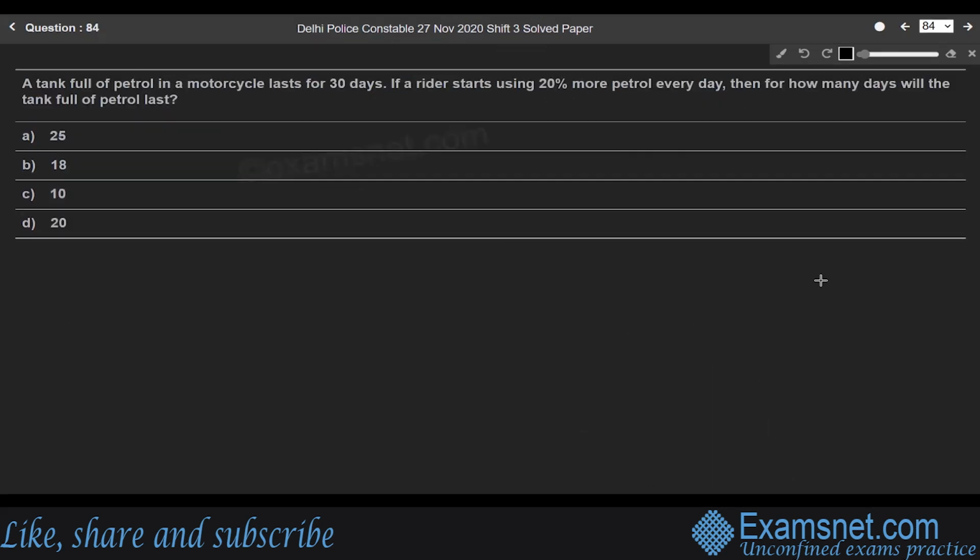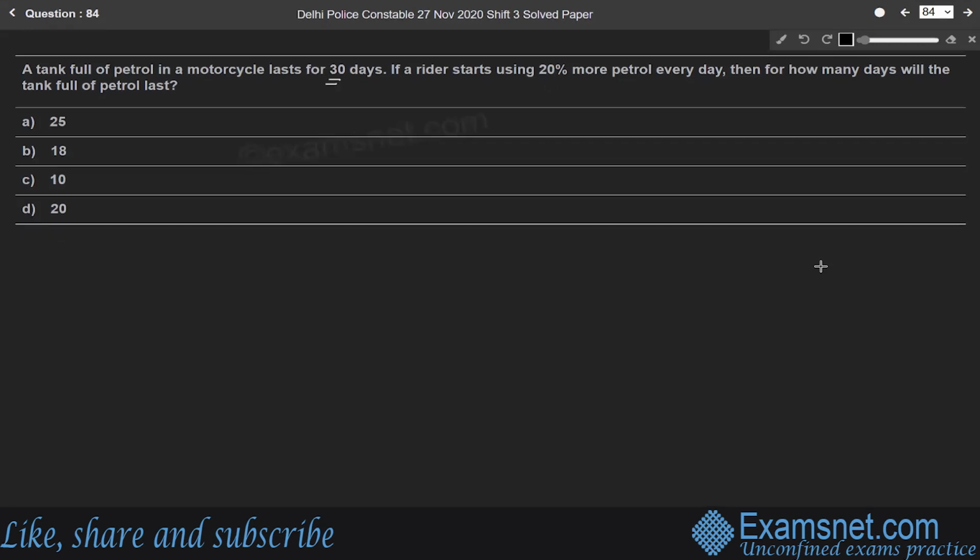Question 84. A tank full of petrol in a motorcycle lasts for 30 days. If a rider starts using 20% more petrol every day, then for how many days will the tank full of petrol last?